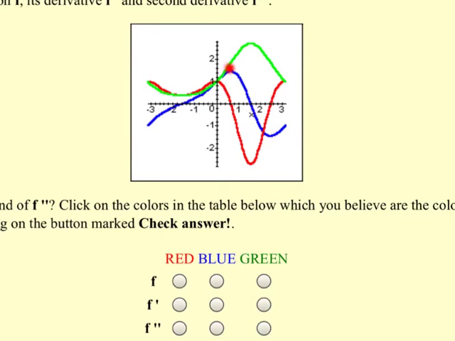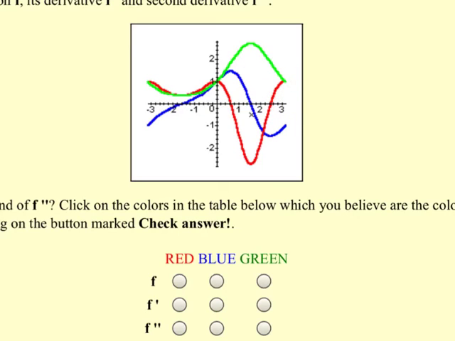So I'm thinking it's going to be green and then blue, and then the derivative of blue is red. So let's check that one. Not only is this 0, but these slopes are all positive, and the red is all positive. These slopes are all negative, and these values are all negative. And then these slopes are positive, and these values are positive.